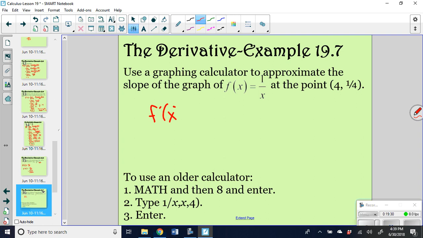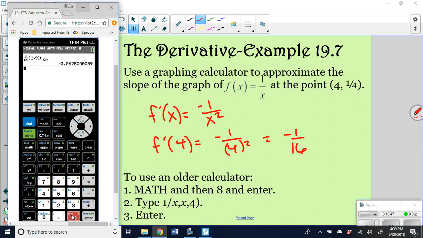The derivative of 1 over x was negative 1 over x squared. And so if we plug in a 4, we get negative 1 over 4 squared, which is negative 1 over 16. And if you go back to your calculator and you plug in negative 1 over 16, you get negative 0.0625.